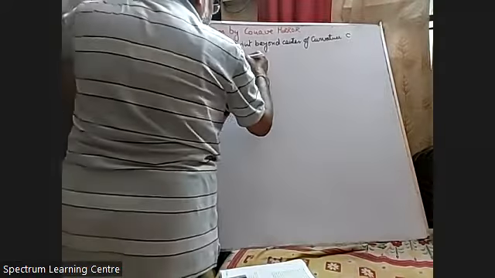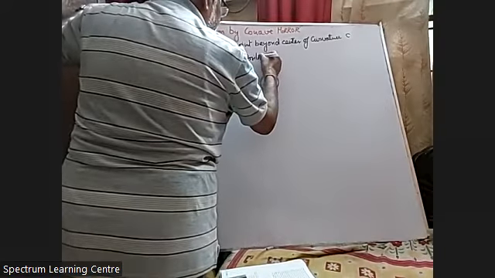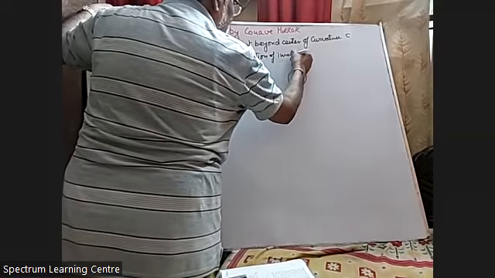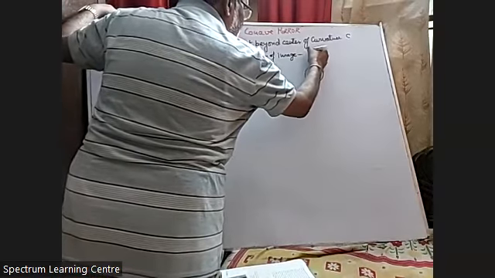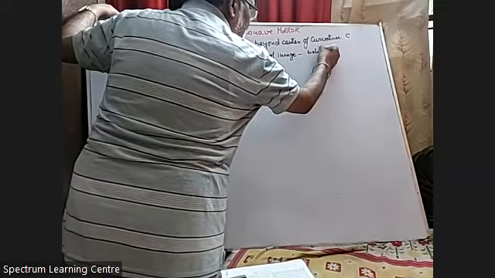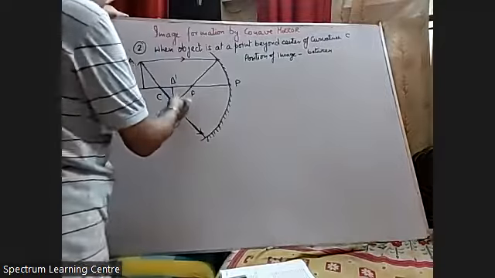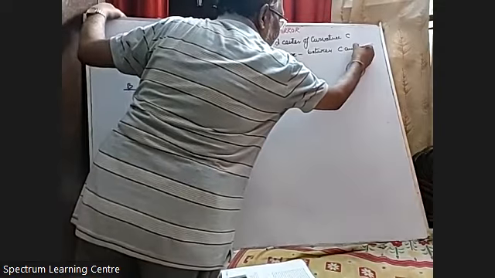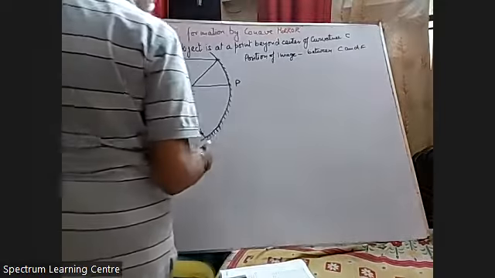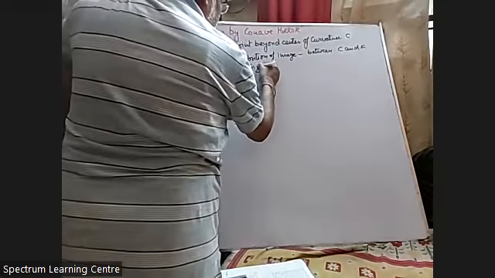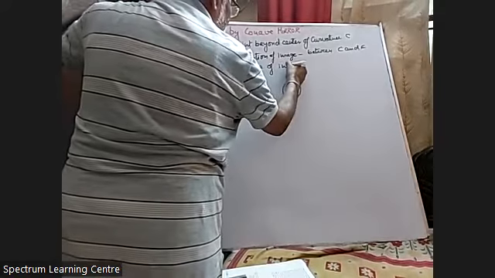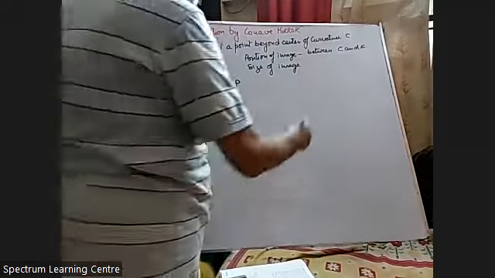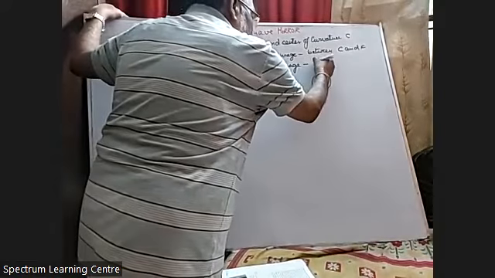Now, position of image: between C and F. Size of image: it is diminished.